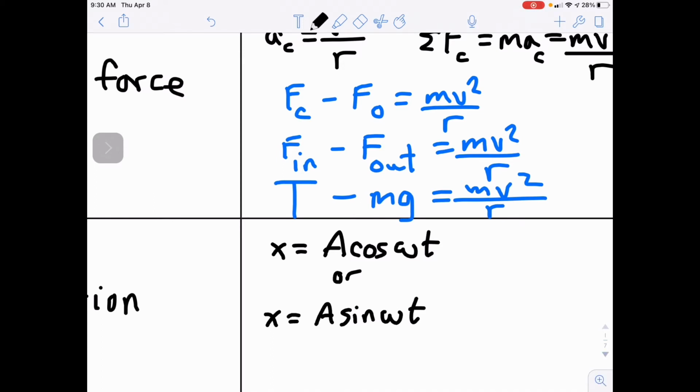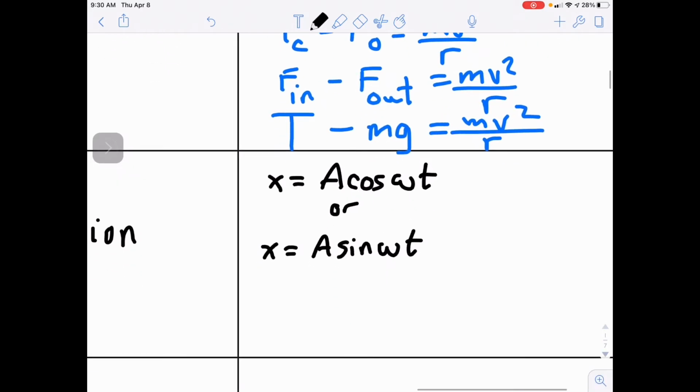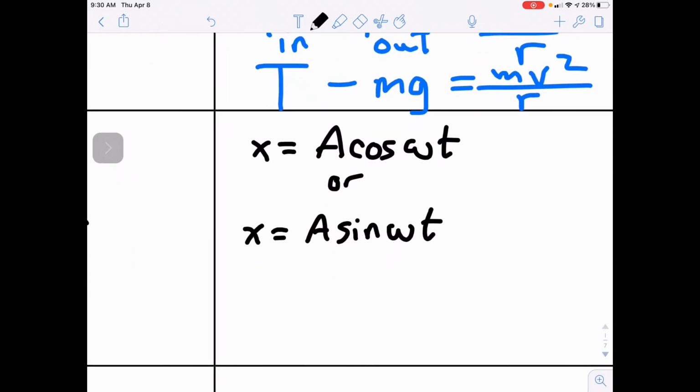So it could be a sine or a cosine function. I've seen both provided. Now, in addition to this, you must also know that T is equal to 2 pi over omega, and by swapping those two, we need to know that omega is equal to 2 pi over T.